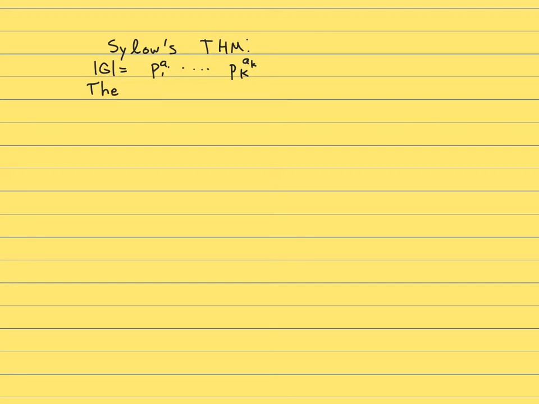Then we know there exists a subgroup of G whose order is that prime power of highest exponent, so the highest exponent k such that p to the k divides the order of G, that is the order of the Sylow p-subgroup, and that Sylow p-subgroup in fact exists.